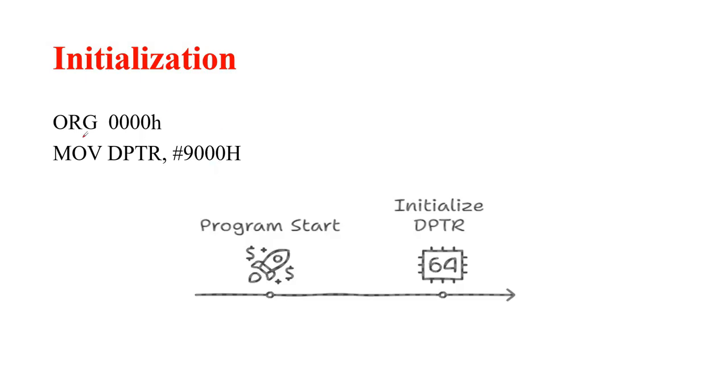So here ORG 0000H, MOV DPTR, #9000. The program starts at address 0000H, and the DPTR, that is the data pointer, is initialized to point to the memory address 9000. So the program is starting and we are initializing the DPTR.